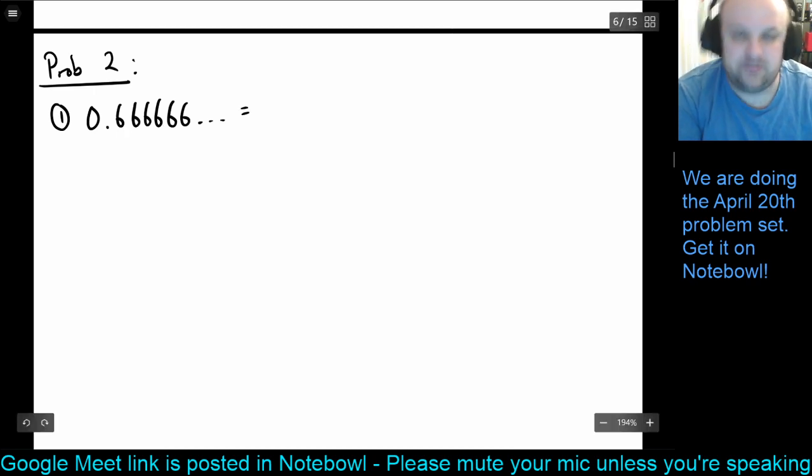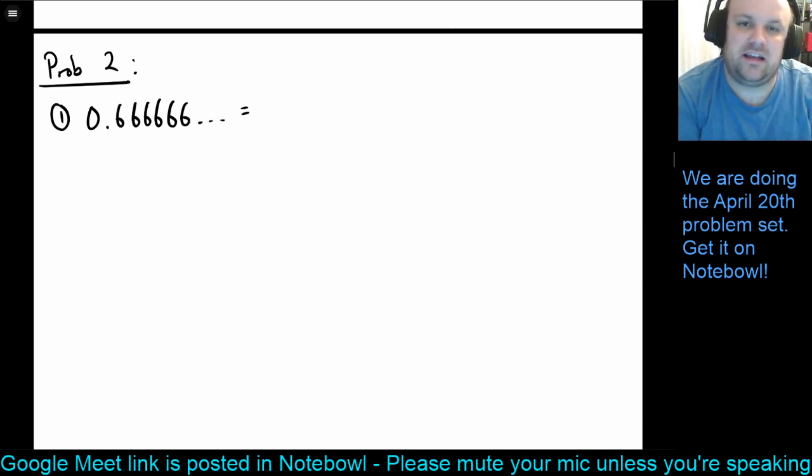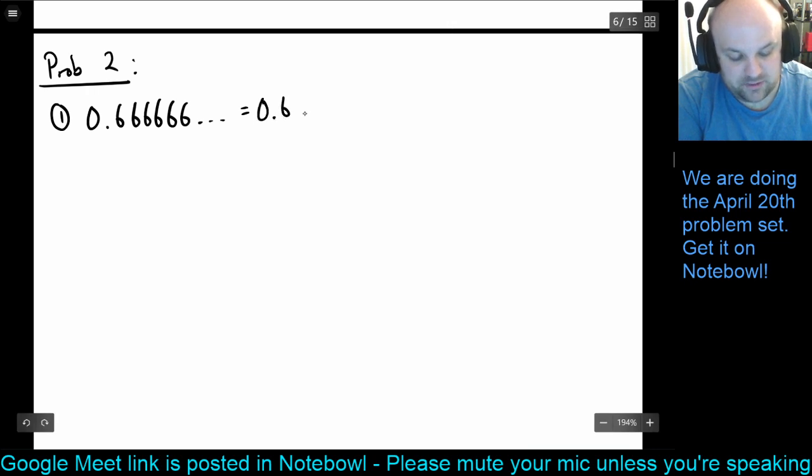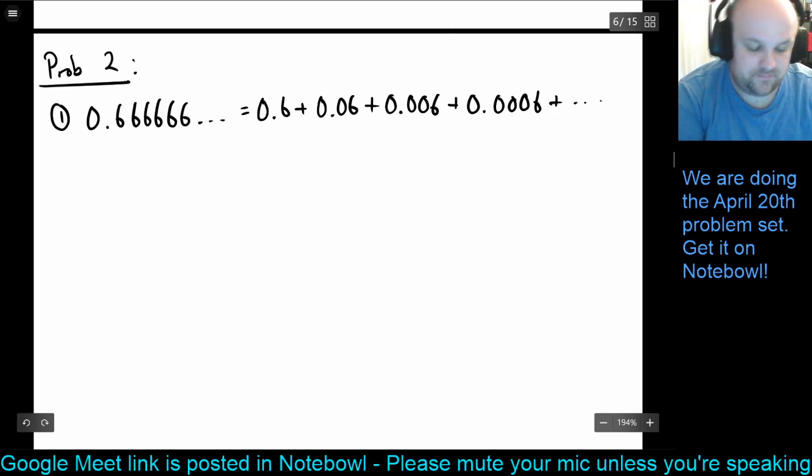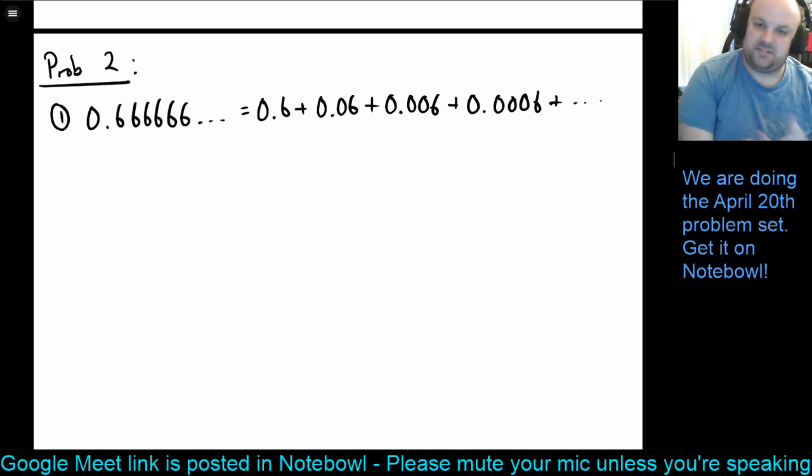What we got to do is just view each repeating part as another part of a sum. So here we have 0.6 plus 0.06 plus 0.006 plus 0.0006 and so on. Right? That's what's happening here.